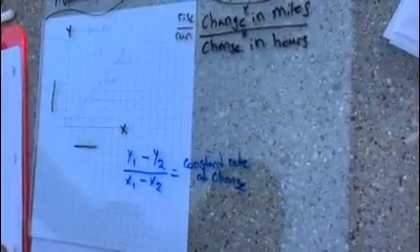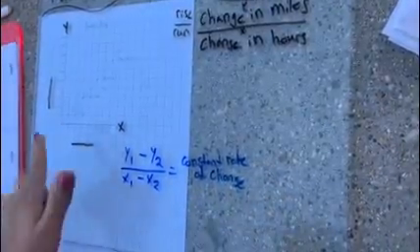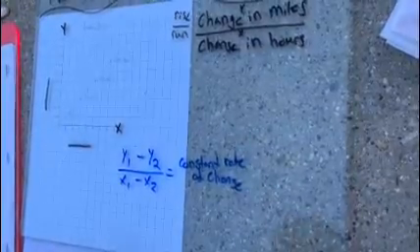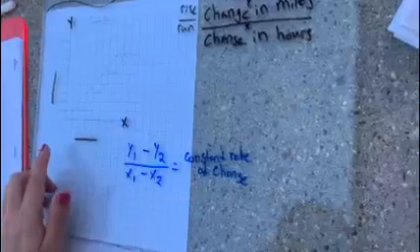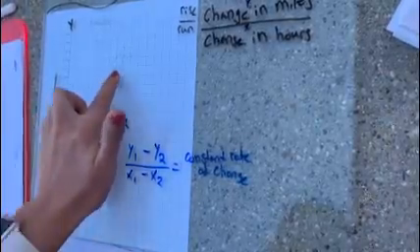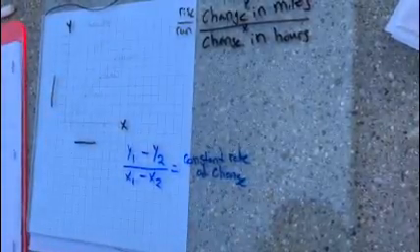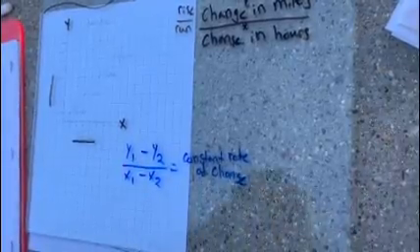So what do we need to do to determine the constant rate of change of this line? We need to find 2 points on the line. As you can see, this graph has given us a few points on the line. We need to choose any 2.